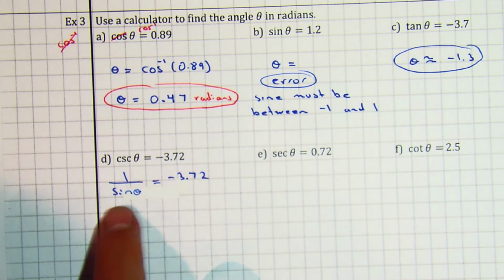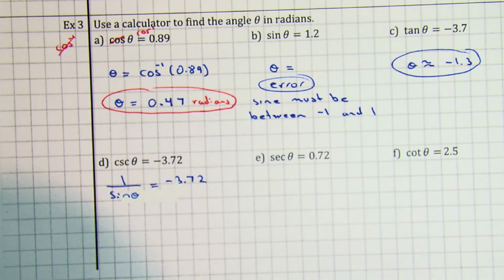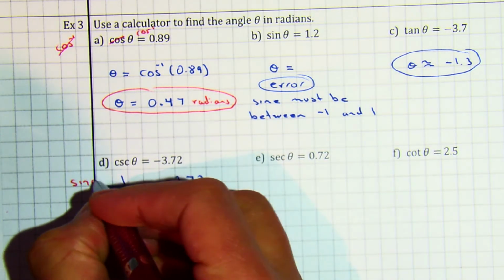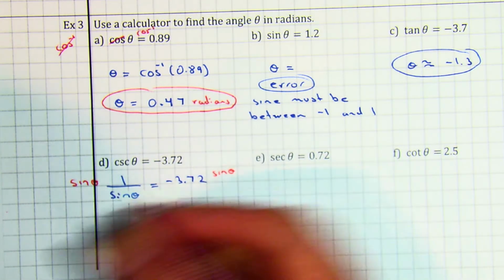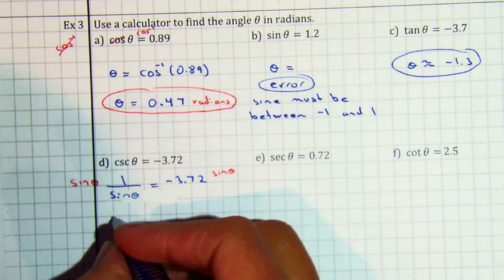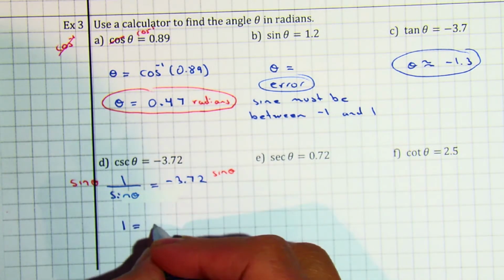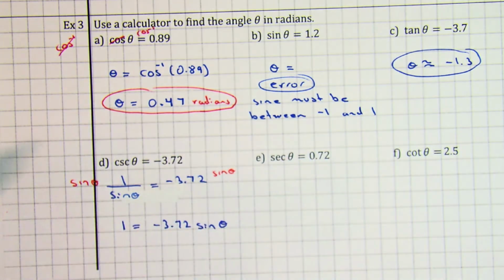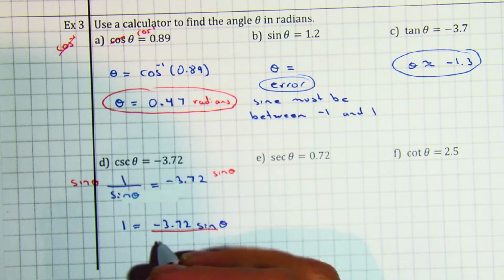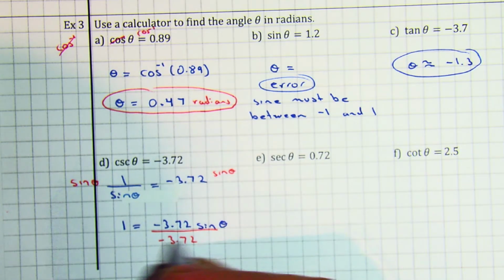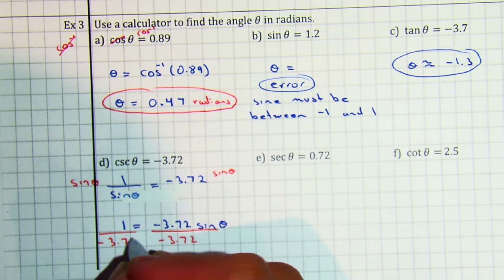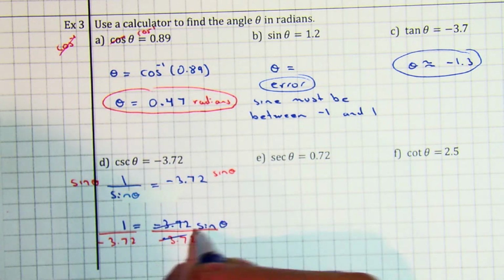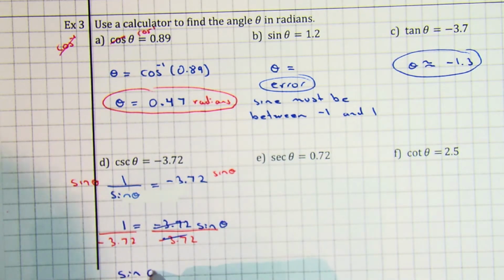I want to multiply both sides by sine of theta. So therefore, 1 is equal to negative 3.72 sine of theta. I'm going to divide both sides by negative 3.72. So therefore, the sine of theta is equal to negative 1 over 3.72.